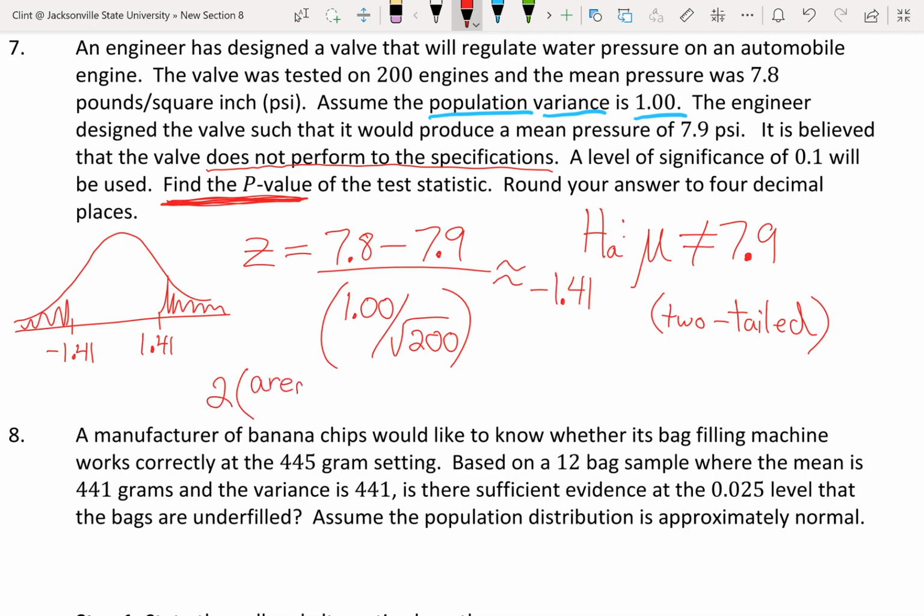The easiest one to look up is the negative one. If we look up negative 1.41, which I think was the same we had earlier, 0.0793. Okay, so 2 times that, we get a total p-value of 0.1586.